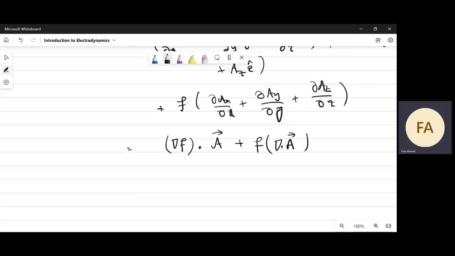And the last was the quotient rule. The quotient rule again has all three options: gradient, divergence, and curl.